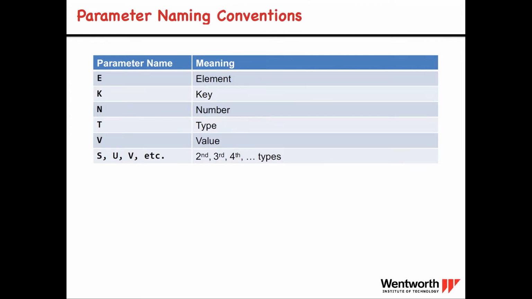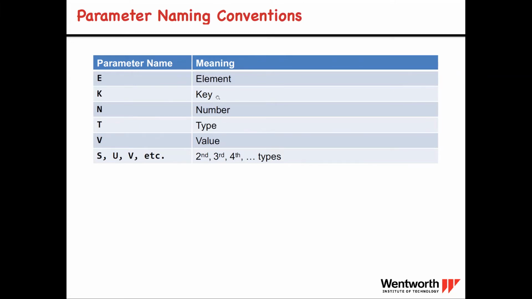So here are the parameter naming conventions. This isn't strict. You can use whatever letter you want. But typically, if you see a letter like T, that typically means type. So oftentimes you will just see T. If there's only one generic, you're usually going to see T or maybe E for element, if you're dealing with an array.